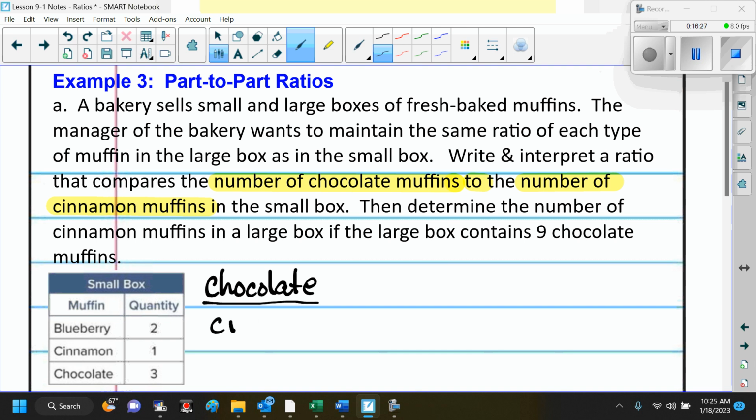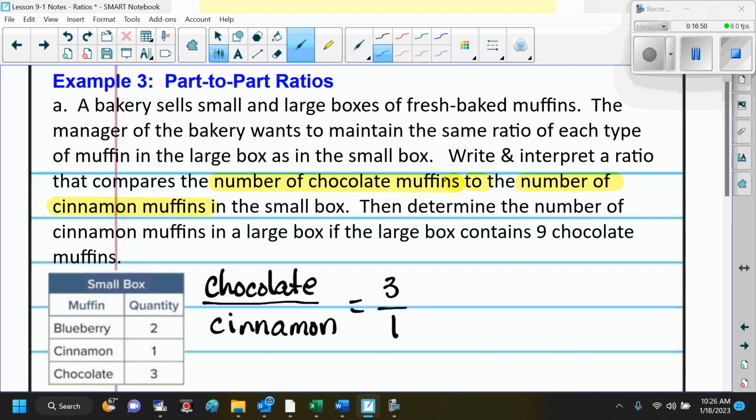All right. So, what is my original ratio going to be? Chocolate is 3, and cinnamon is 1.